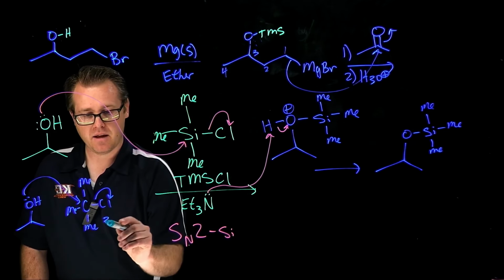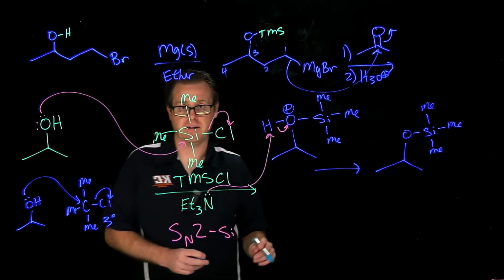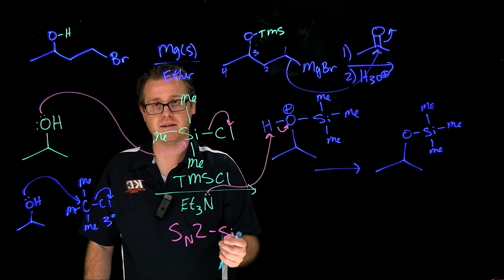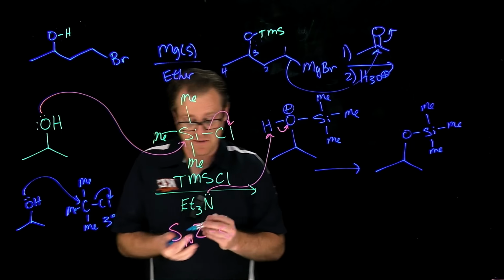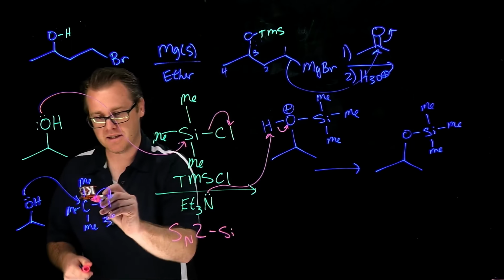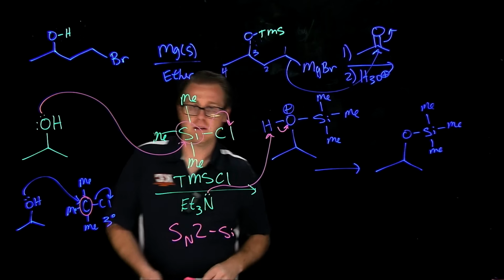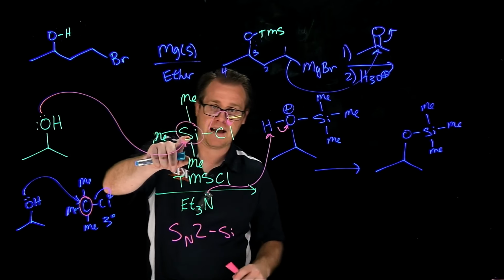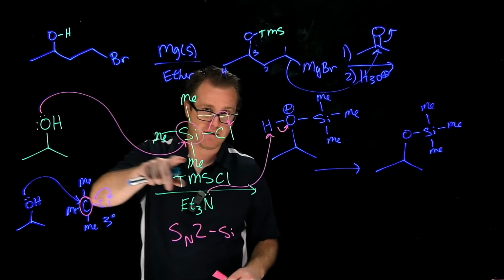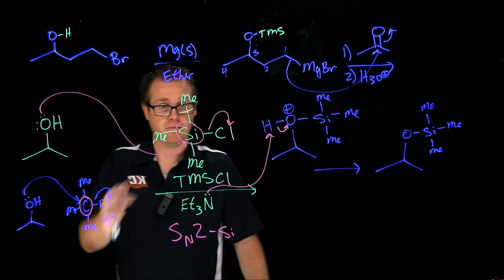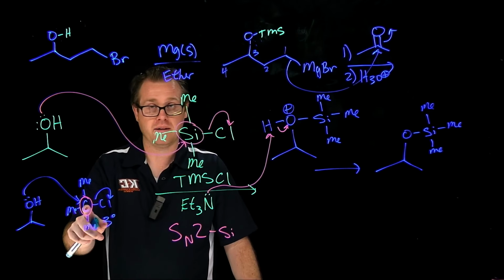Because that is a tertiary alkyl halide. This also kind of looks like a tertiary alkyl halide, doesn't it? But what's the difference? We can clearly see the difference. This is a carbon atom, and this is a silicon atom. So when it's a silicon atom, even though it's tertiary, it still can undergo an SN2-like mechanism. If it's a carbon, it can't.